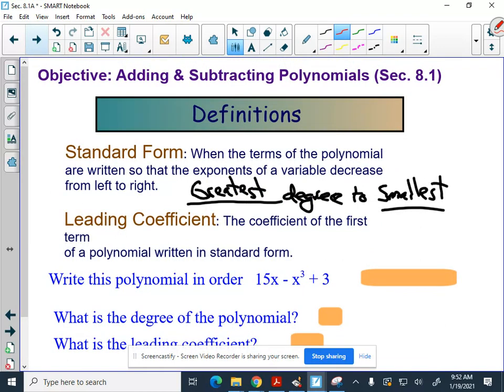It is the coefficient of the first term of a polynomial written in standard form. Those are your fill in the blanks. I underlined them.